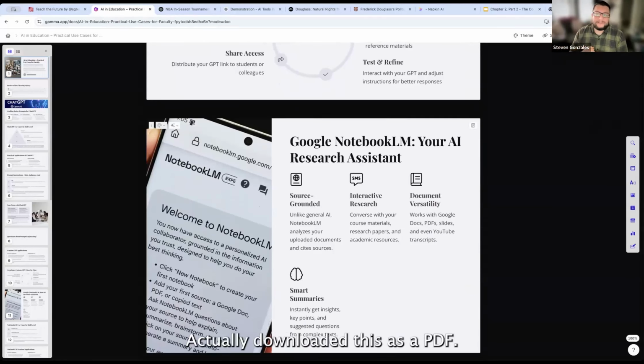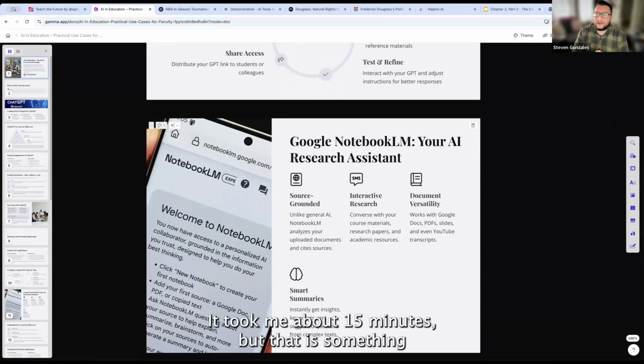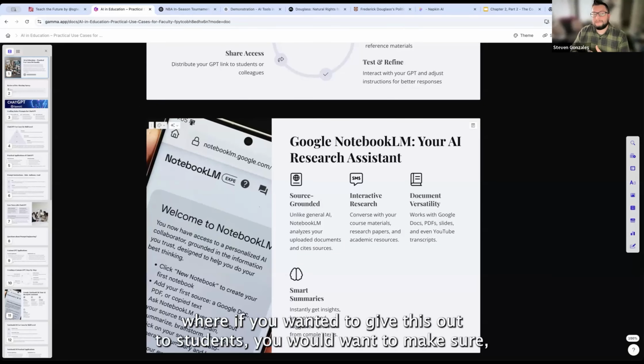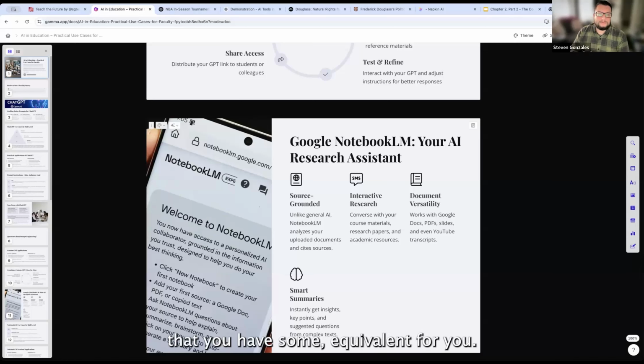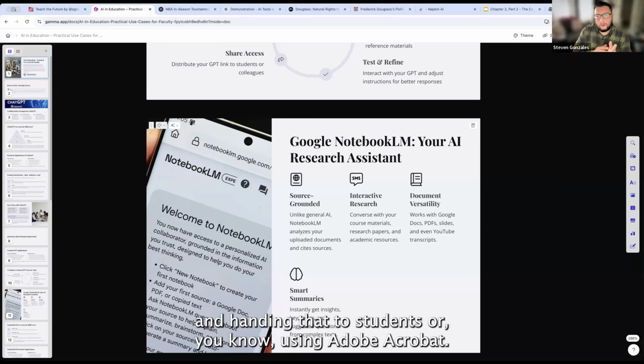I actually downloaded this as a PDF, and then I used Adobe Acrobat to make the visual tags, the alt text, generating that header. It took me about 15 minutes, but that is something where if you wanted to give this out to students, you would want to make sure that you have some equivalent for them. So either pulling the text out from this, extracting that and handing that to students, or using Adobe Acrobat.